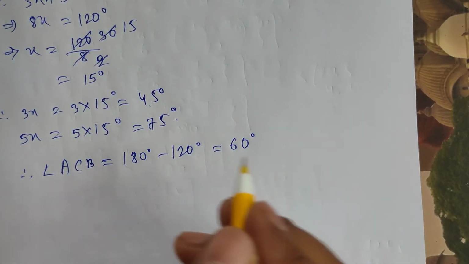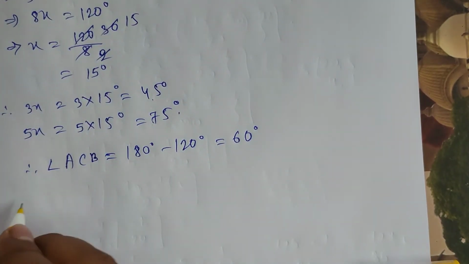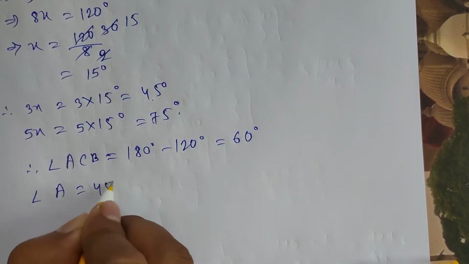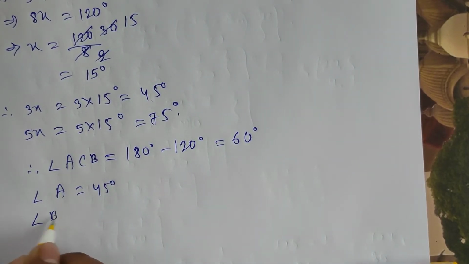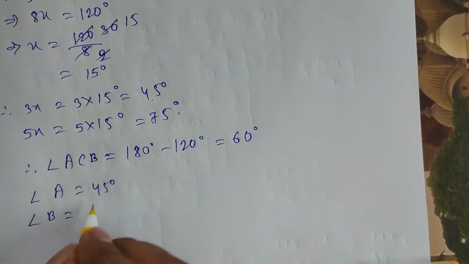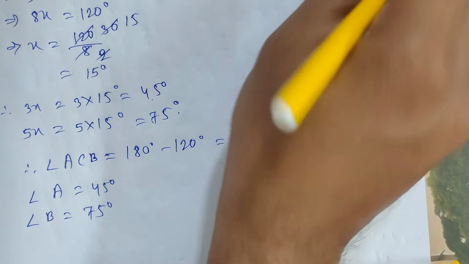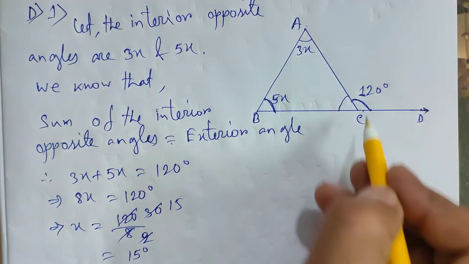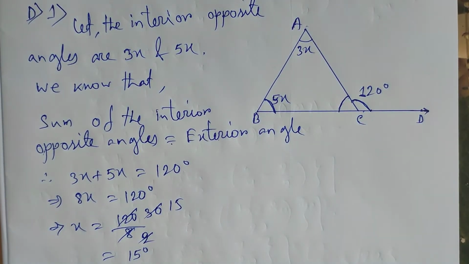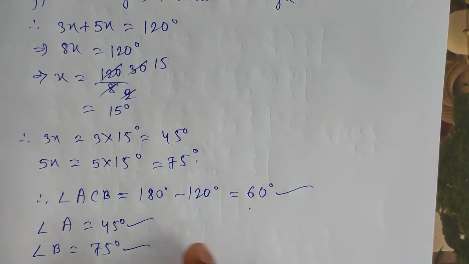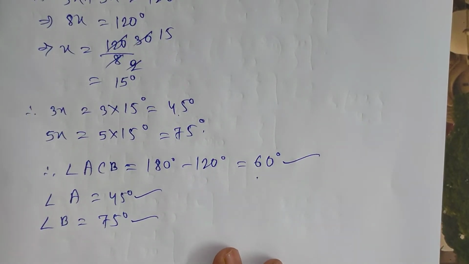So we got the value of this angle. That means angle A equal to 45 degree, angle B equal to 75 degree, and angle C, that is ACB, this angle is here 60 degree. So we got the values of the 3 angles. I think everyone understood this.